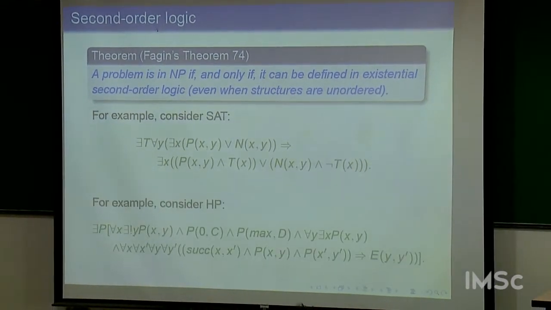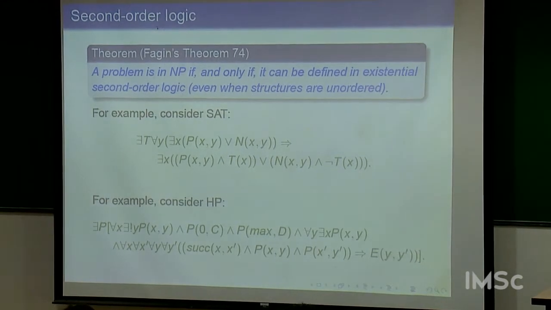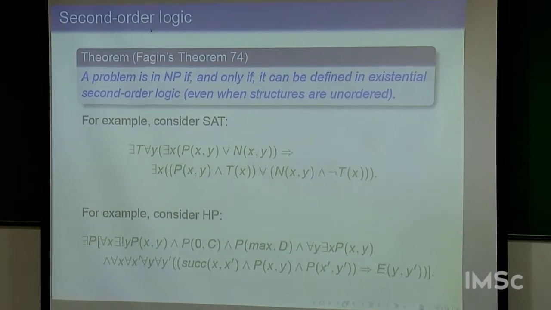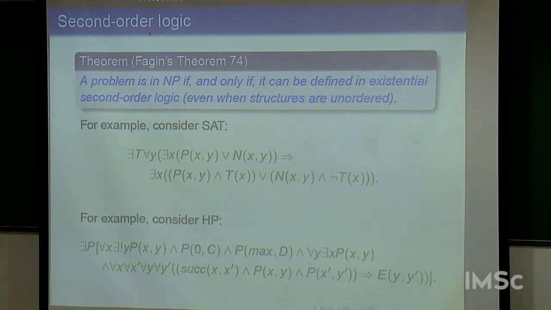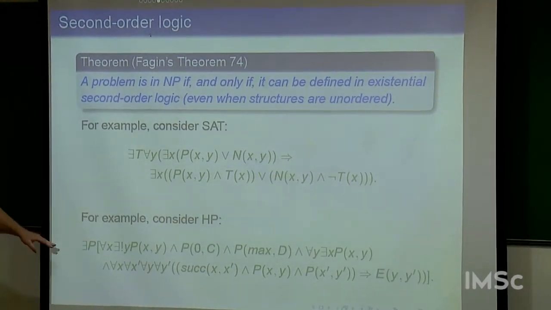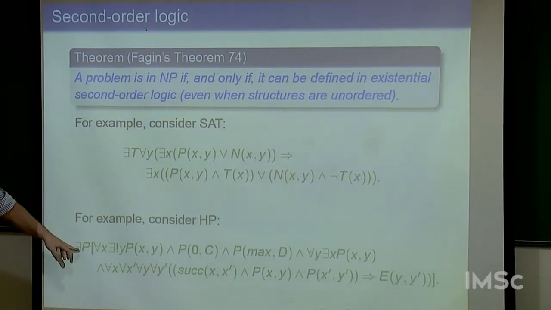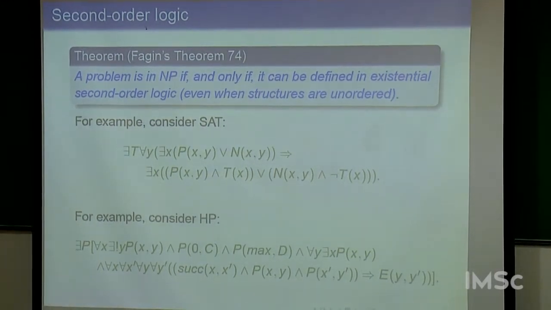Here's how we might use second-order logic with a built-in order to define the Hamiltonian path problem. Remember, you don't need the built-in order, but I've included it here just to let you see how it works. Essentially, there's a new relation, P. It's going to be a binary relation on the elements of my finite structure.